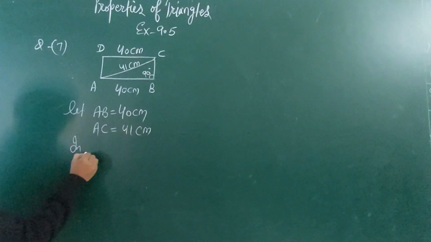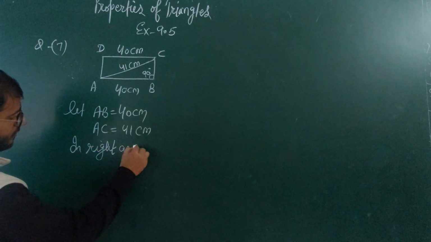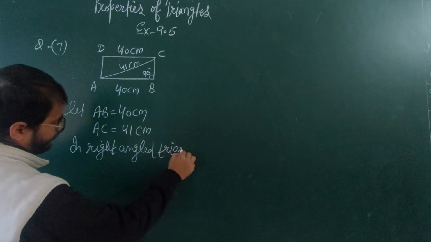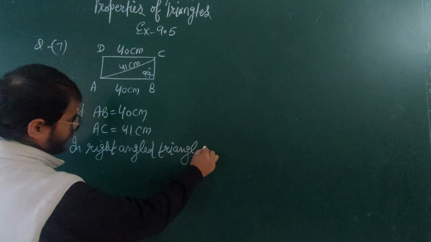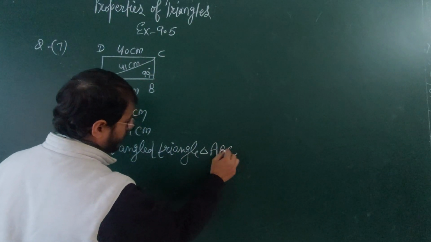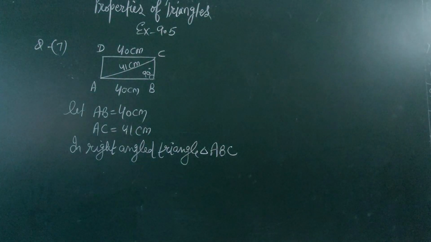So in right angled triangle ABC, next we will apply Pythagoras theorem here.